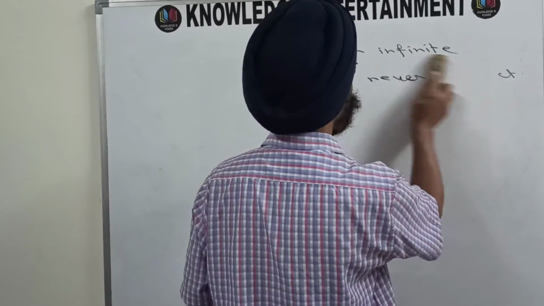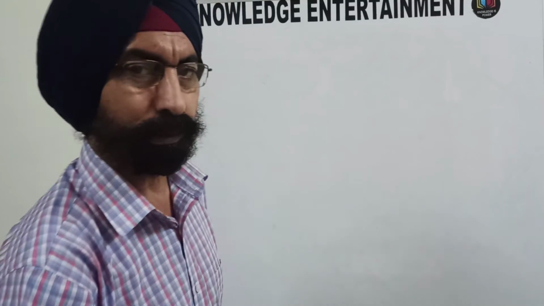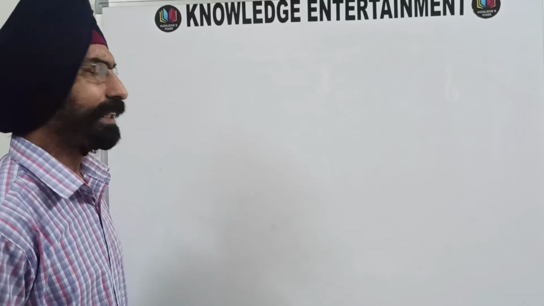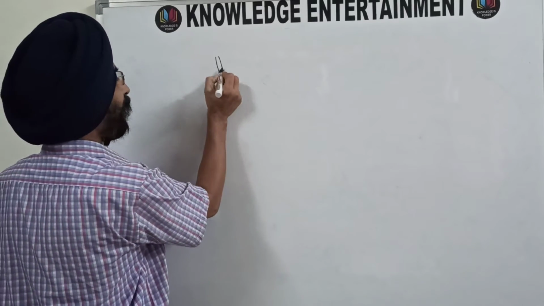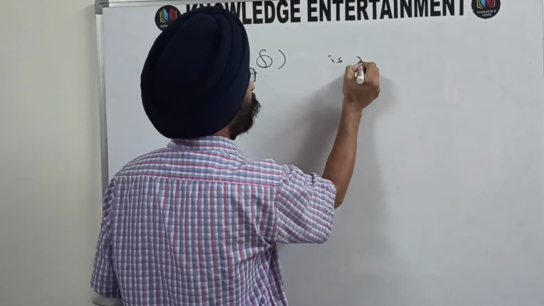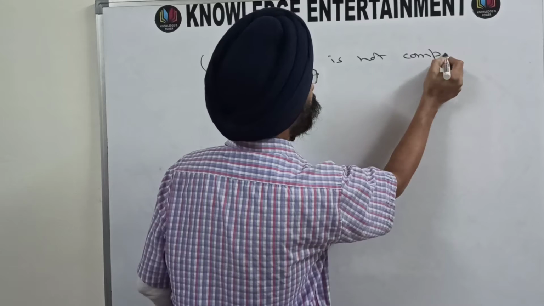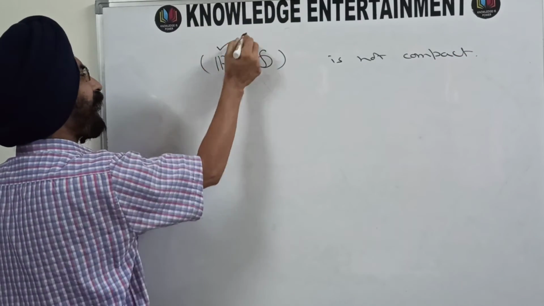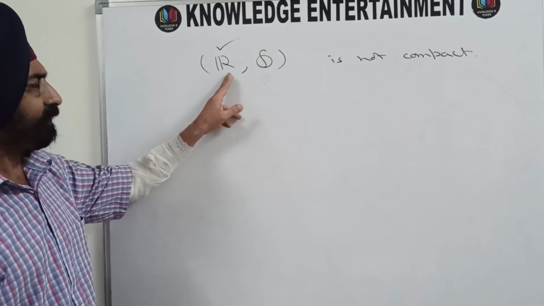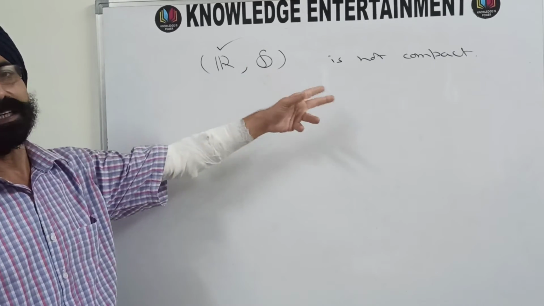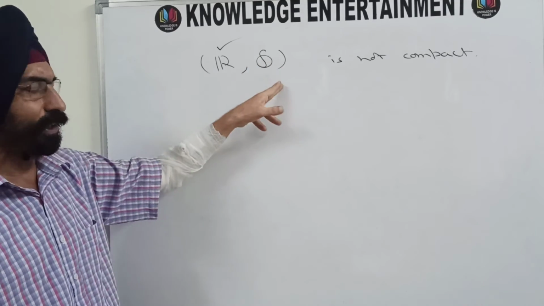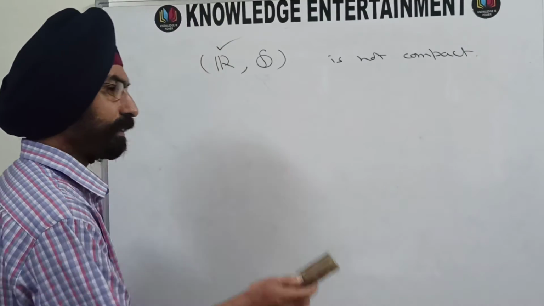So we have shown that an infinite discrete topological space is never compact, and in the light of this theorem, you can very easily say that R, the set of real numbers with discrete topology, is not compact, because this R is an infinite set, and just now you have shown that an infinite set with discrete topology is not compact. So how can R with discrete topology be compact? The set of real numbers with discrete topology is also not compact.